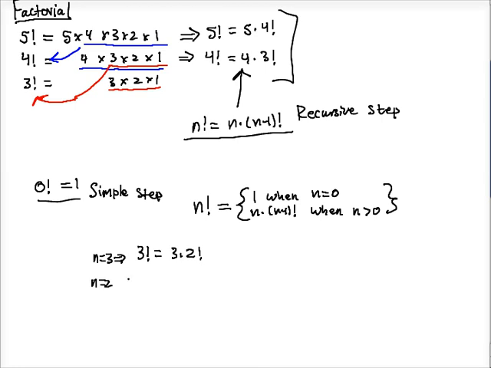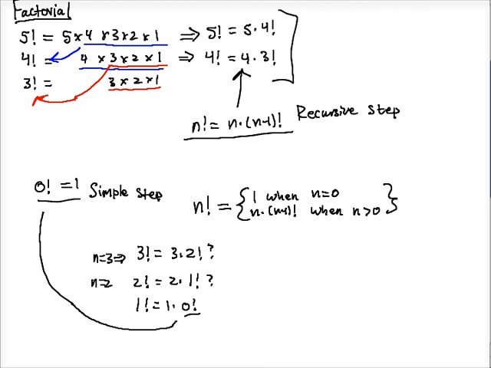N equals 2. 2 factorial equals 2 times 1 factorial. Well, what's 1 factorial? Well, we don't know. We don't know what these are yet. What's 1 factorial? Well, that equals 1 times 0 factorial. Well, what's 0 factorial? Well, we actually have defined that.